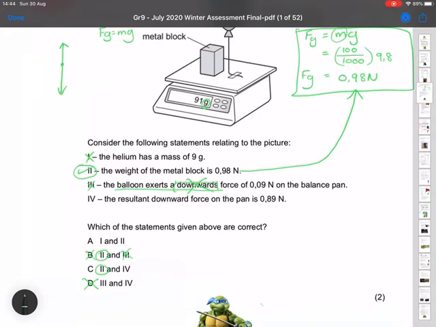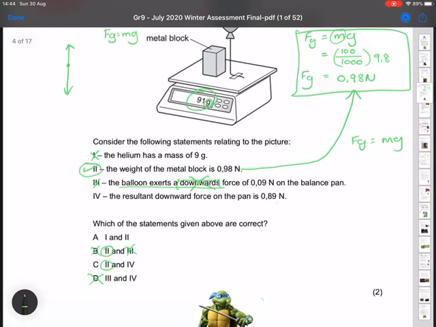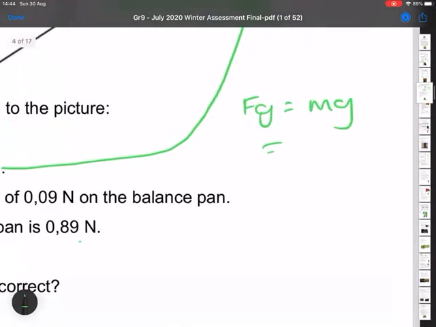And then part 4, the resultant downward force on the pan is 0.98 newtons. Is that true? Yes. If you convert 91 grams using this formula, Fg equals mg, so you've got 91 grams.